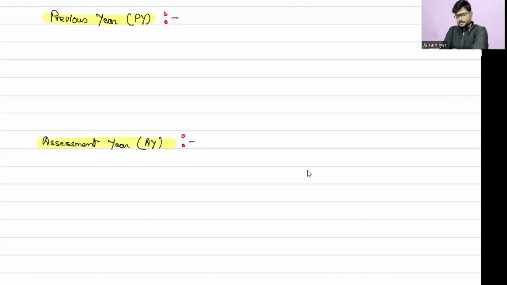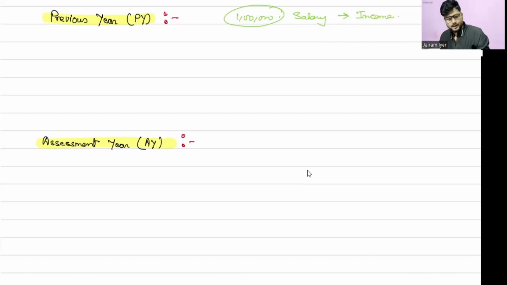Suppose Sanjana is doing a job, and her monthly salary is, just for an example, 1 lakh rupees. She gets the salary. What is it? It is a salary. Is it an income for her? Yes, it is an income for her.